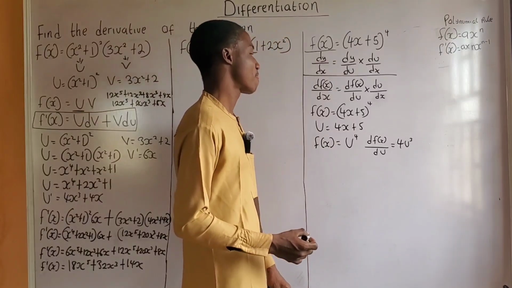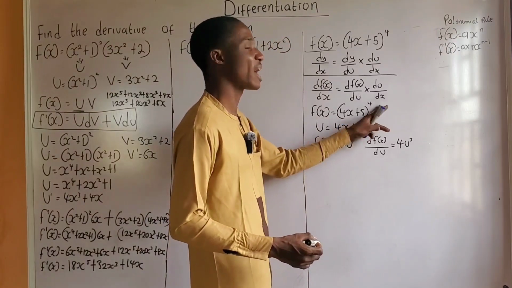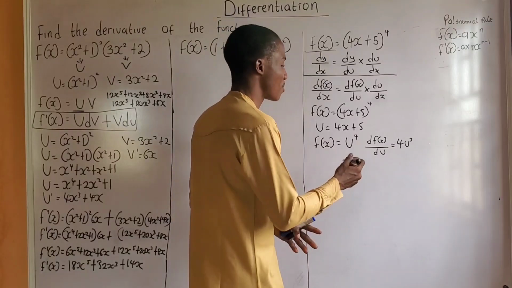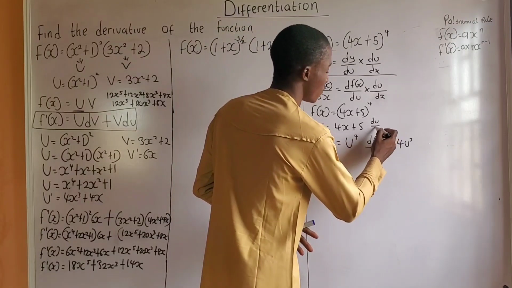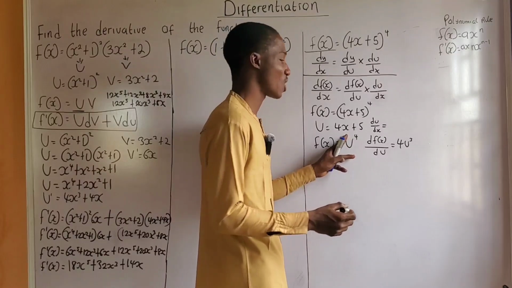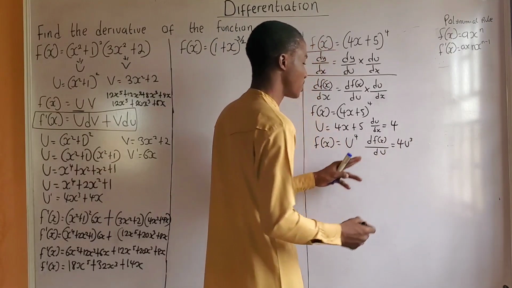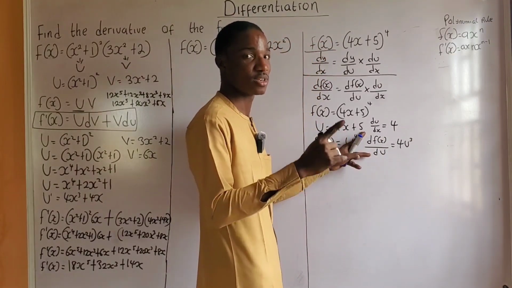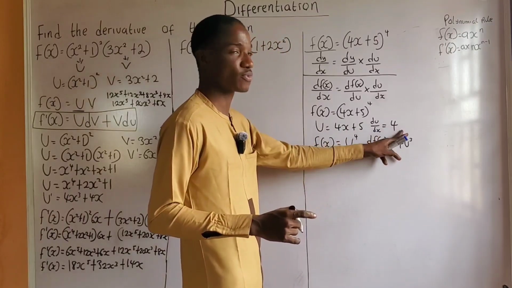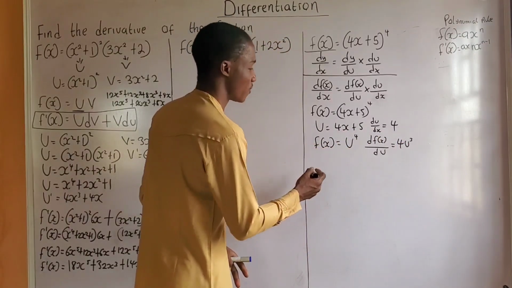Now, I also need the derivative of u with respect to x. So du/dx equals, differentiate 4x, you have 4, and if you differentiate a constant, you have 0. So the derivative of u with respect to x is 4. Okay, now let's go back to the formula.